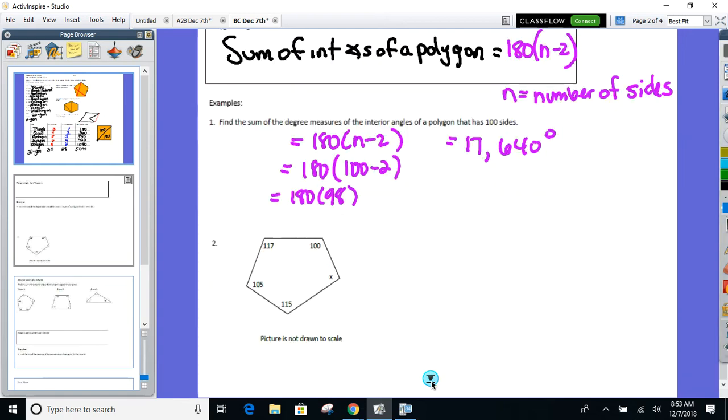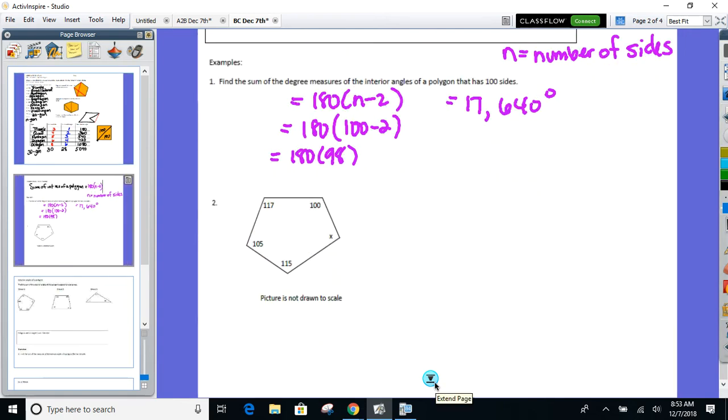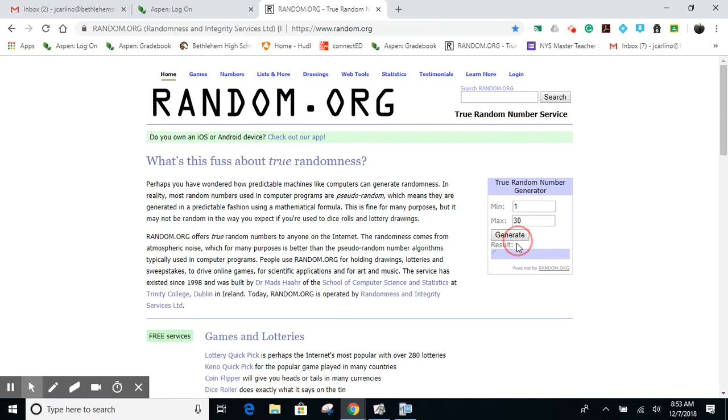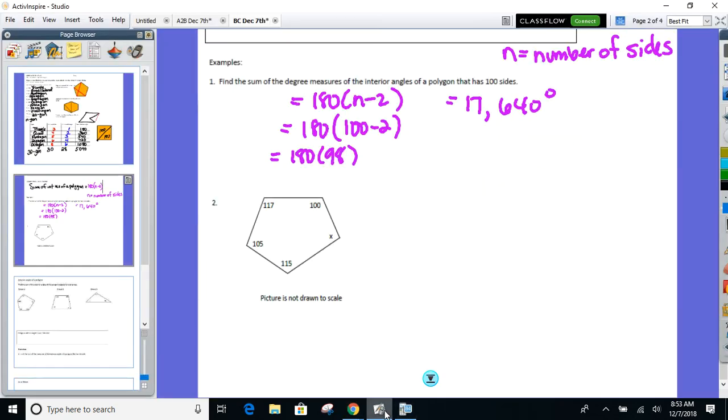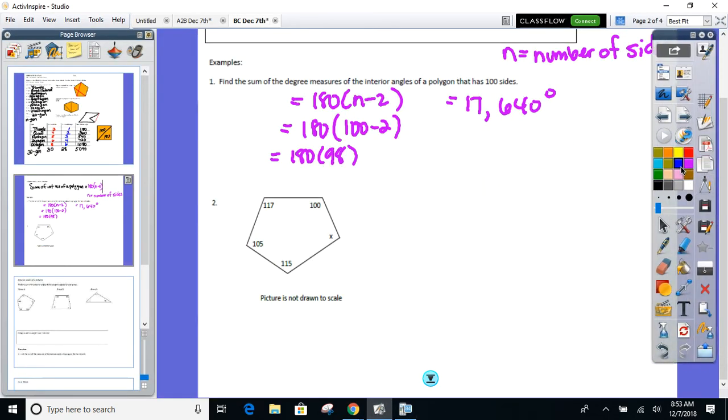All right, for the second one, first you had to identify what type of polygon it is. How many sides did it have? Had 5 sides, so you're right, it's a polygon. Not going to argue with that, but more specifically, it is a pentagon.